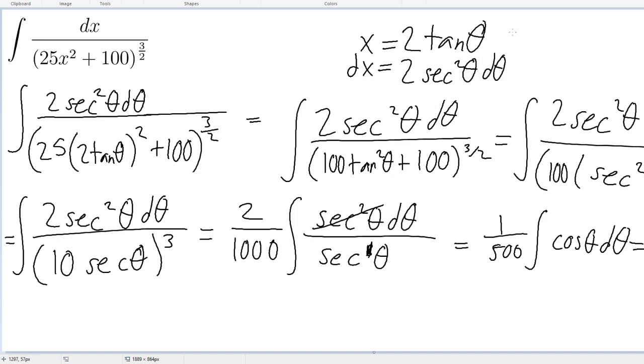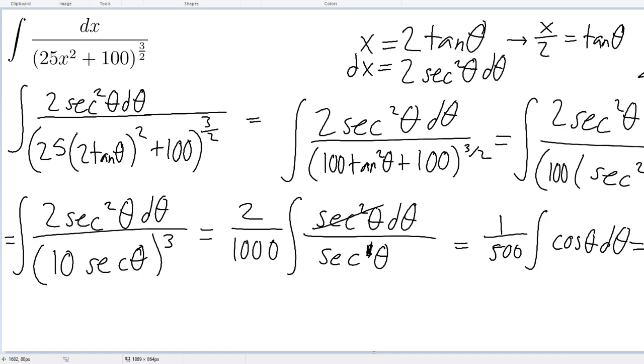So now we go back to here. How do we get it back to x? We want to get back to x. So x over 2 equals tan theta. Okay, let's draw our triangle here, with theta here. Tangent is opposite over adjacent, so x is opposite and 2 is adjacent.